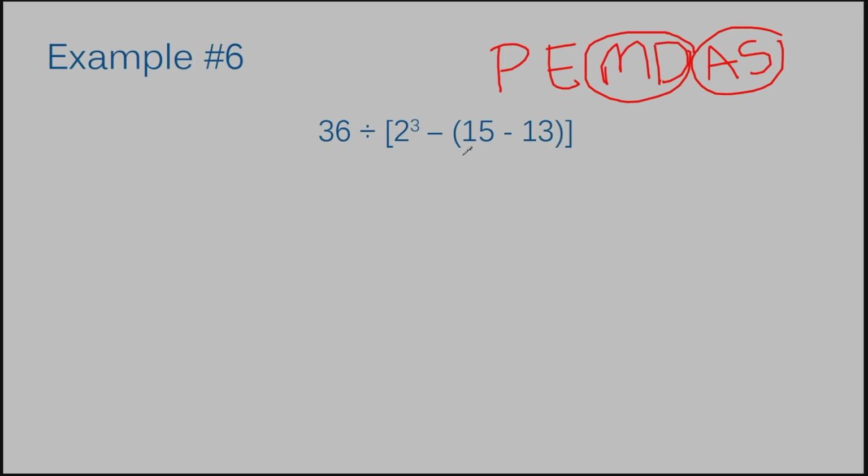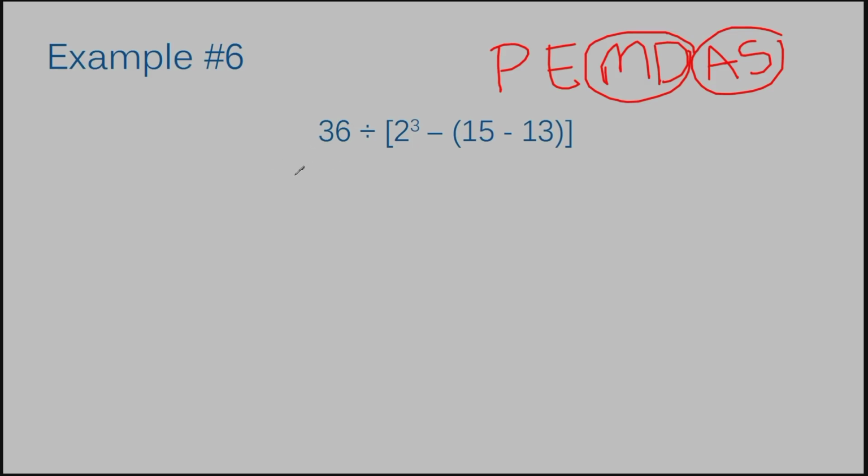Okay. I'm looking at the interior parentheses because that's what's going to be done first within my parentheses. And it's really simple, so instead of rewriting the entire thing, I'm just going to solve this portion in my head. 15 minus 13 is 2. So now I'm going to rewrite the whole problem, except the 15 minus 13 portion will be a 2.